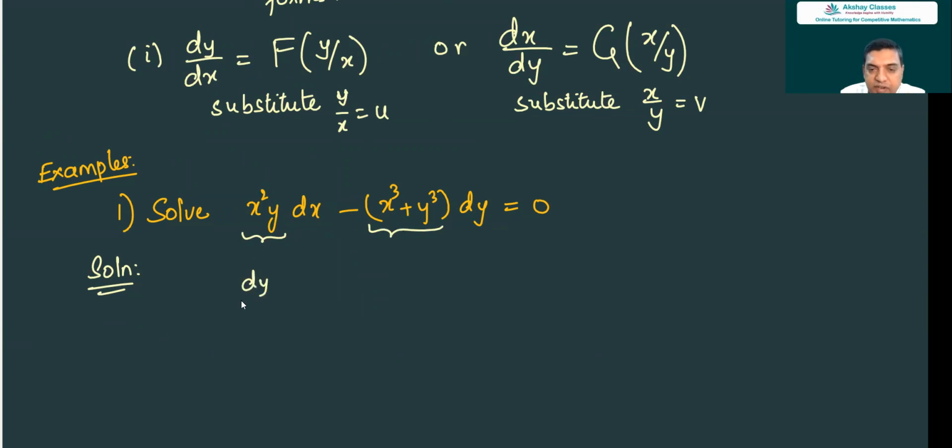So we can write dy by dx as x square y by x cube plus y cube. Take this to the other side and write dy by dx like this. Now we can write dy by dx if we divide by the highest degree term of x, that means x cube, in numerator and denominator.